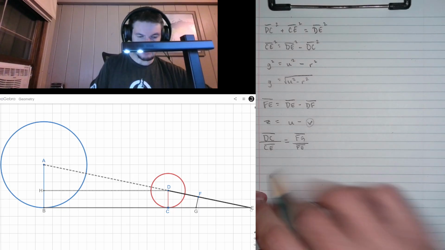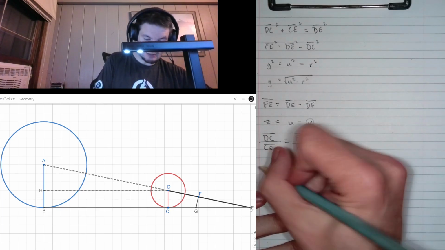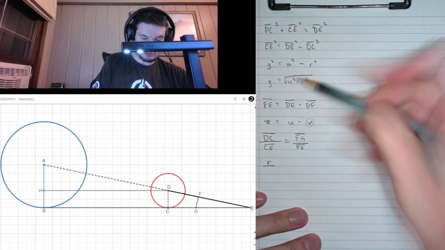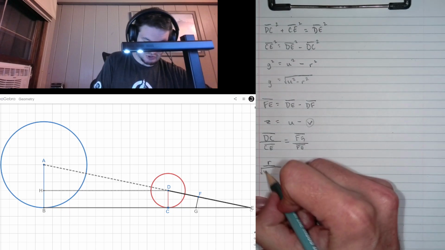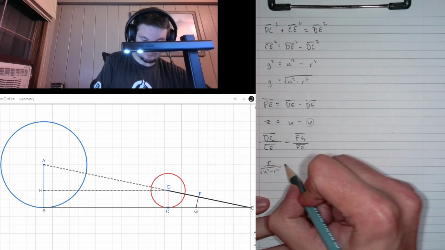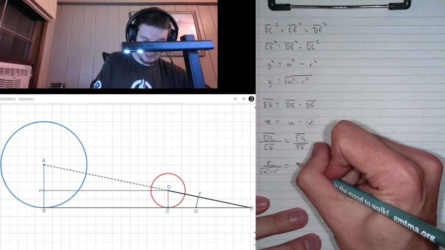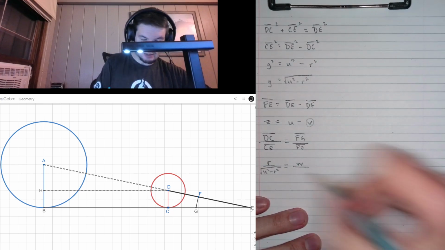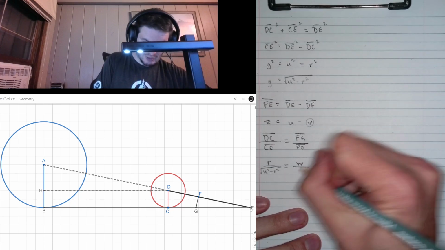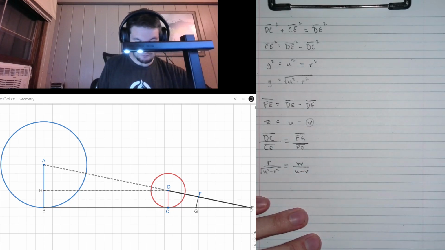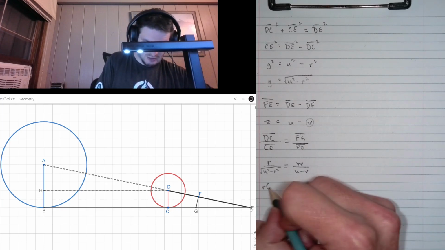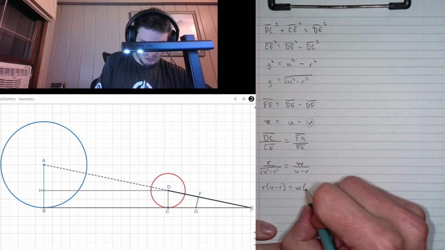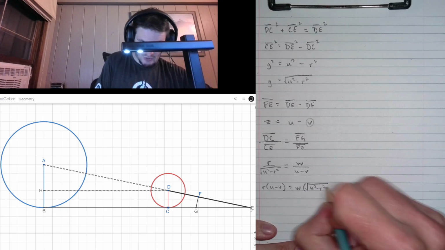So let's do our substitutions. We know that DC is R, and we have CE is G, so we say that's the square root of U squared minus R squared. FG is the value we're trying to find. We're calling that W for the width, or the half width. And FE is U minus V. So again, we're going to cross multiply. R times (U minus V) equals W times the square root of U squared minus R squared.